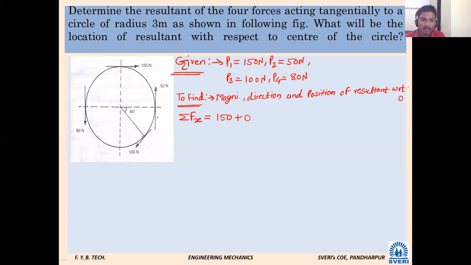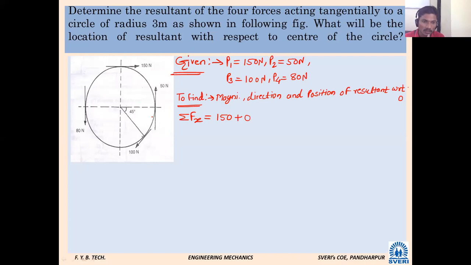So how can we find its inclination, either with the x-axis or y-axis? How can we find its inclination with horizontal or vertical?